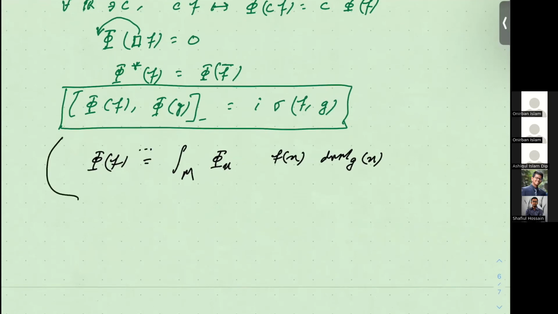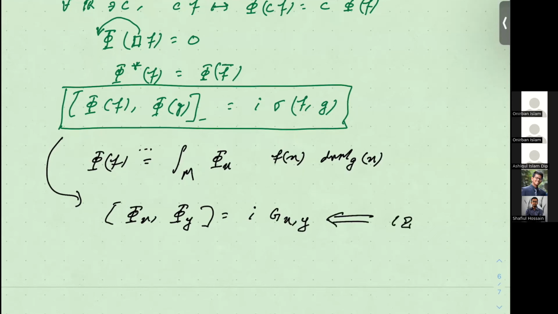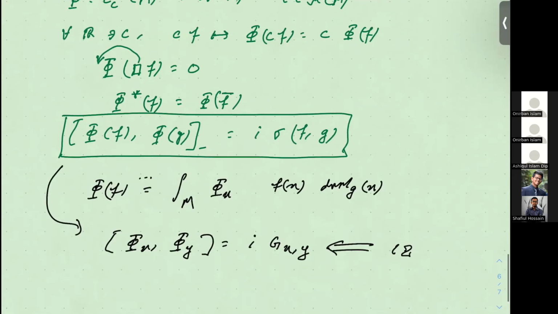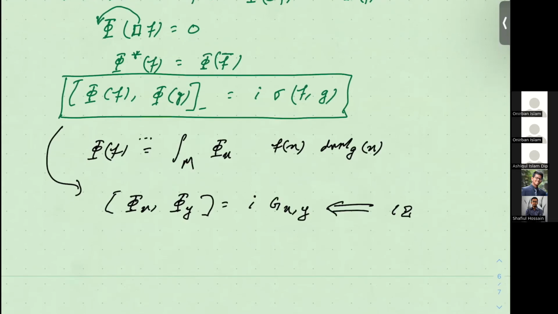And then this relation looks like this: the commutator of phi x and phi y equals i times g of x, y. You will find this expression in Isham's or Zuber's book, or many other physics books. So you see that from a global approach, we can reproduce the usual canonical spacetime commutation relation. And if you want to go to equal time, then you just take the Cauchy data, and then you can do it. Maybe I just write, so K, L, sorry.